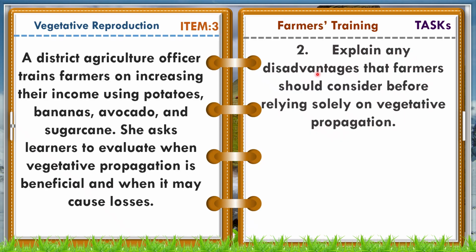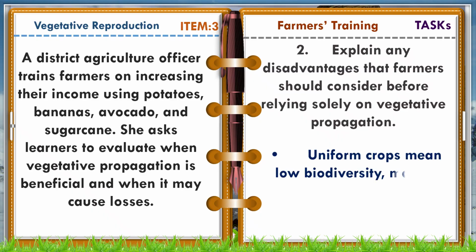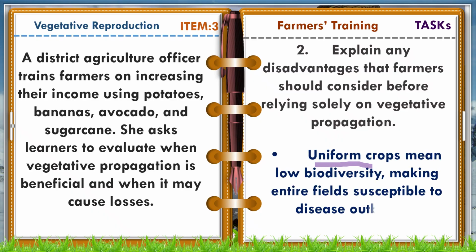Explain any disadvantages the farmers should consider before relying solely on vegetative propagation. Uniform crops means low biodiversity, making the entire field susceptible to disease outbreaks.